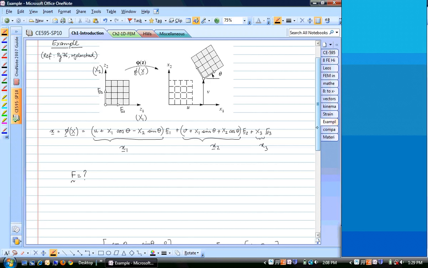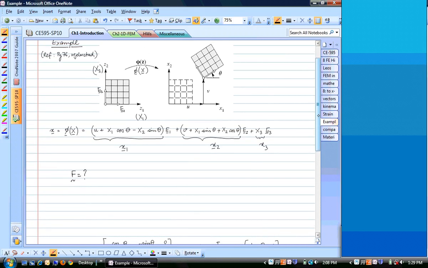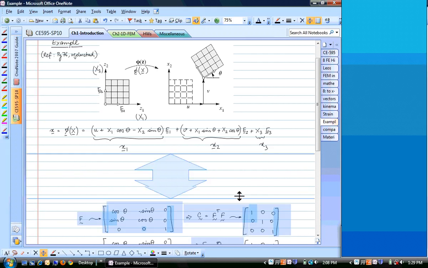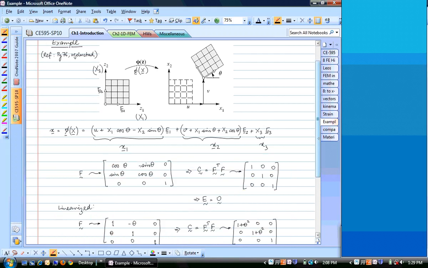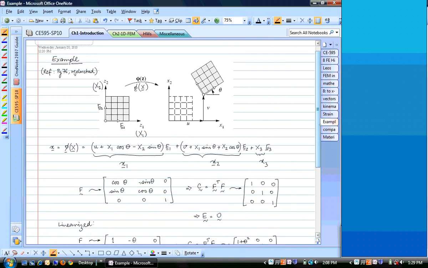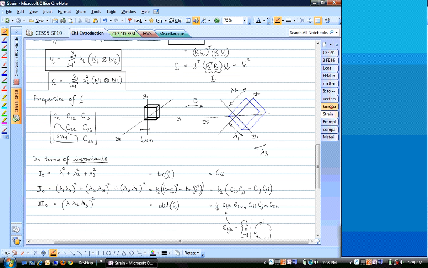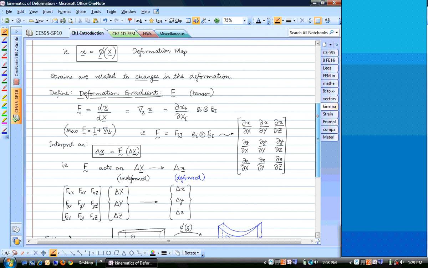All right, so what I was asking you to do here was to just use the definition of F that we talked about, the definition of F that we had here in kinematics.